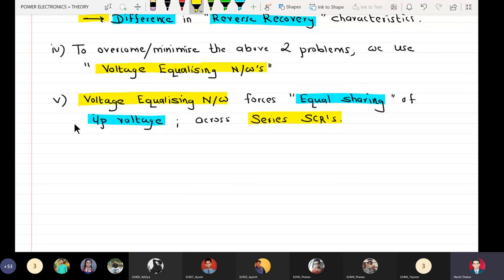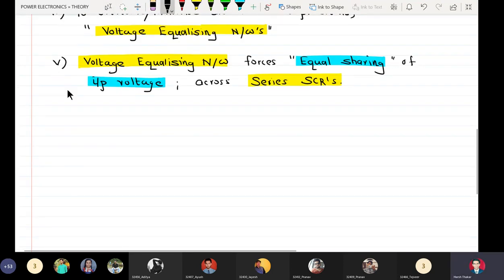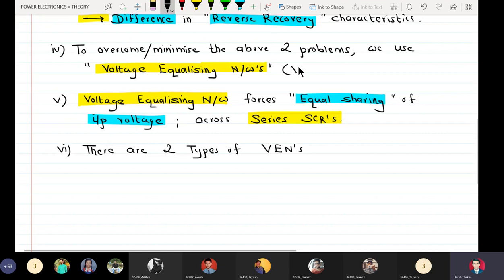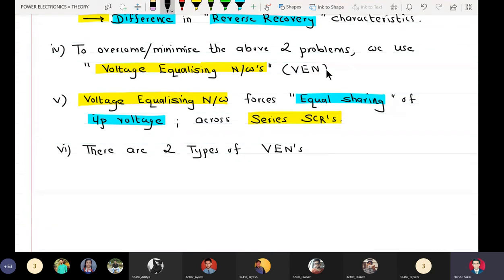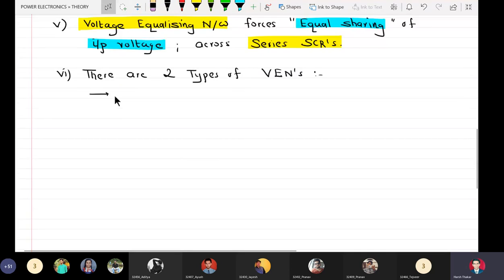Now these voltage equalizing networks are of two types, which we can also abbreviate as VEN: static voltage equalizing network and dynamic voltage equalizing network.